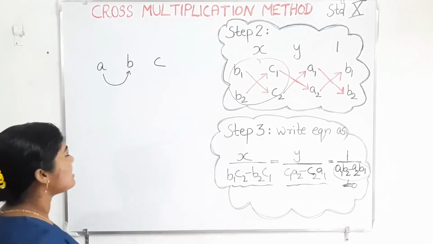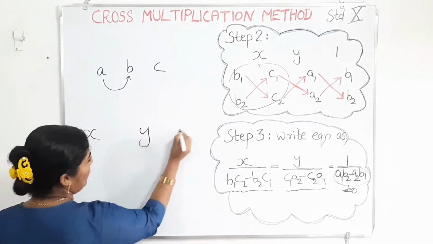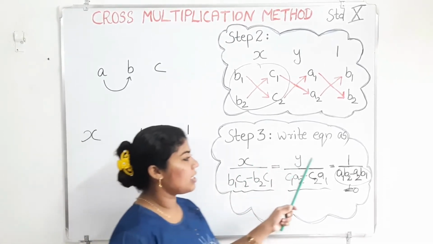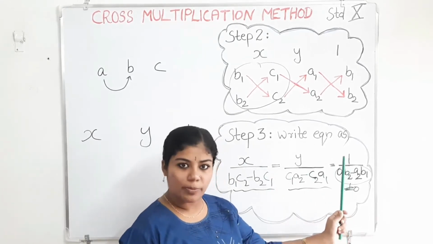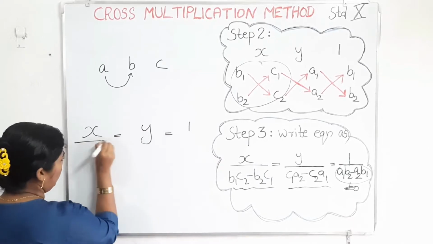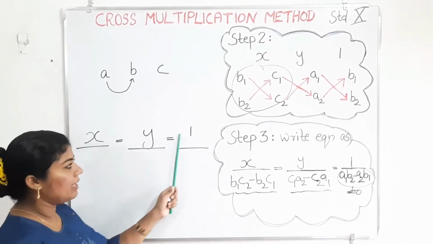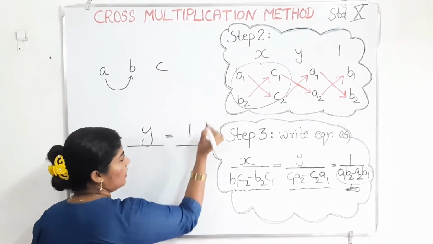So just check this. Directly you can write X, Y, 1. Just remember X, Y, 1 as numerators. Then you can write the denominators easily, that I will tell you.